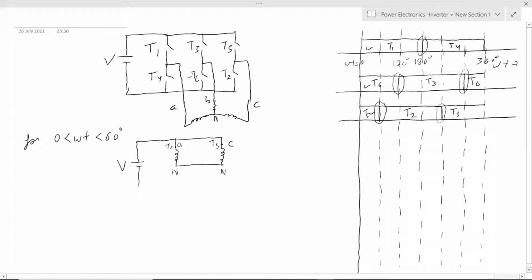It means when you are switching on T6, then this negative point will be connected to your T6. Okay, so our phase will be B phase here and the neutral here.